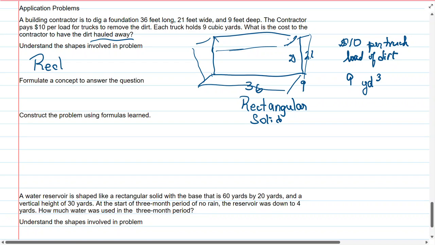Okay, so now we're going to construct a problem. And there we go. So our volume is going to be 12 times 7 times 3. All right, so we're going to do that in our calculator.